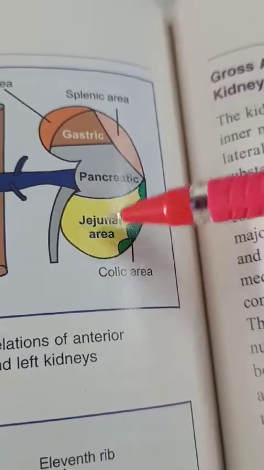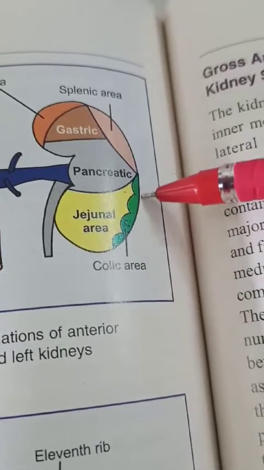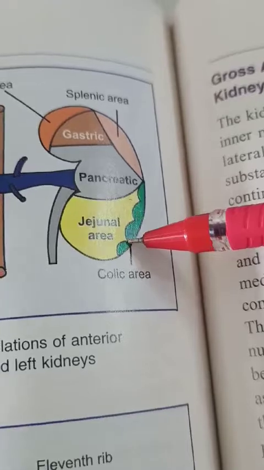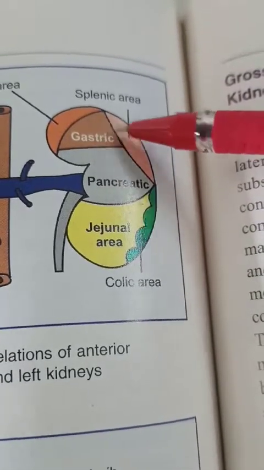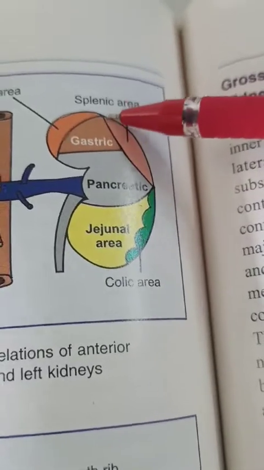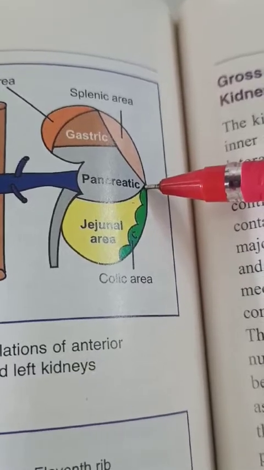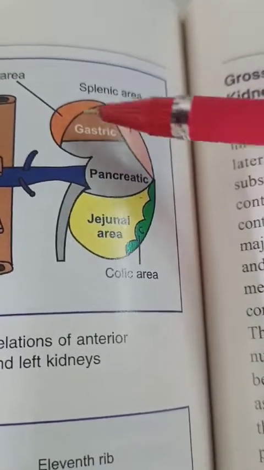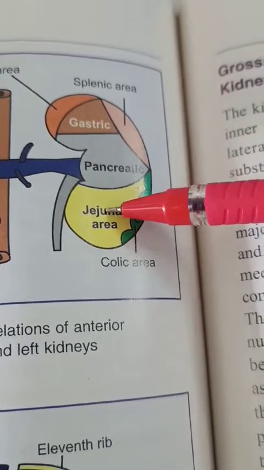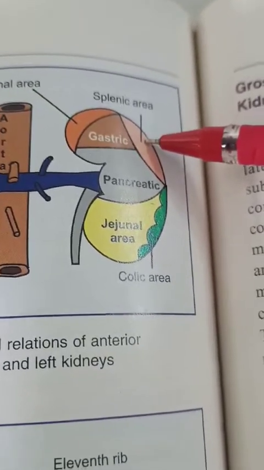Towards the lateral border, a small region is related to the large intestine, the colic area. Lateral to the gastric and pancreatic area, near the lateral border, is the splenic area, related to the spleen. So the anterior relations of the left kidney are: suprarenal gland, stomach, pancreas, small intestine, large intestine, spleen.